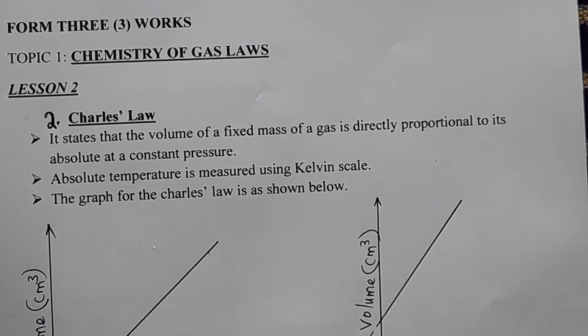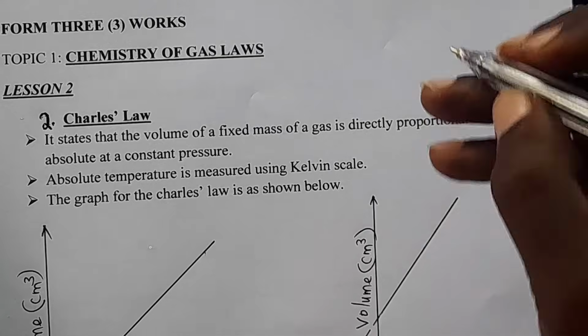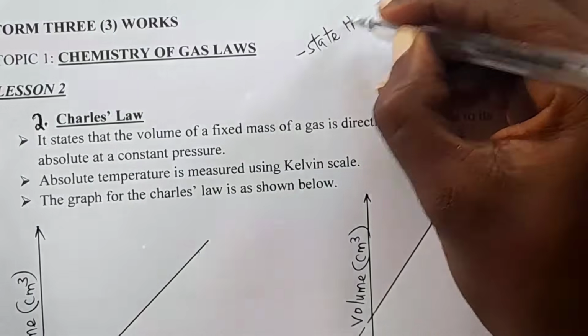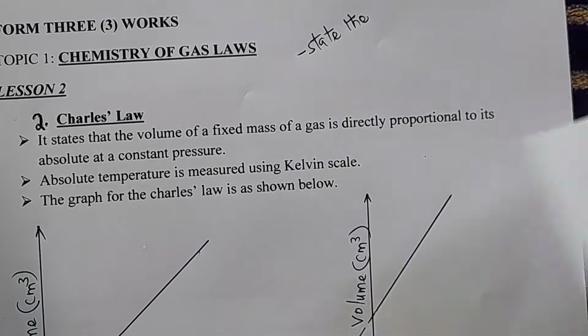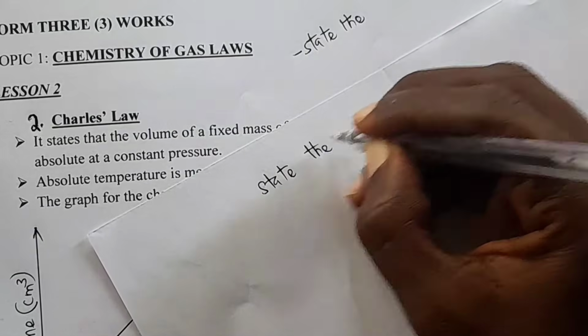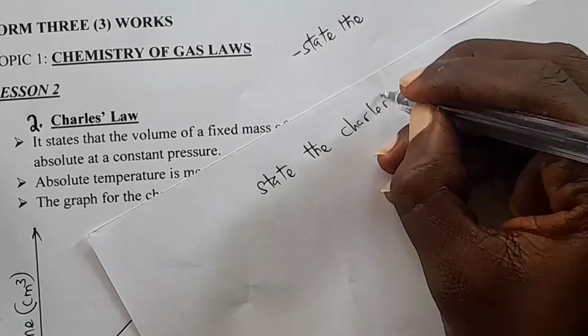For you to know a law, you are supposed to know something. One of them is that you are supposed to be able to state the law. So if you are dealing with Charles' law, you are supposed to know how to state it.